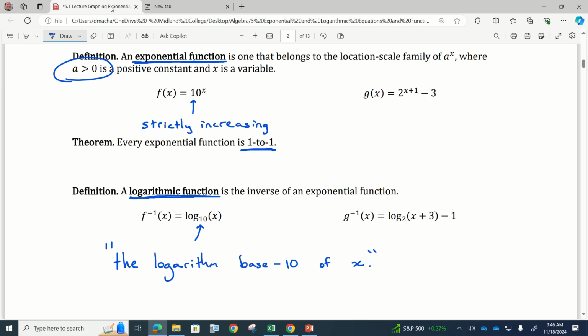And the logarithm base 10 is the inverse of the exponent base 10. So these two functions are inverse functions. The exponent base 10 is the inverse of the logarithm base 10 and vice versa. And then, because every exponential function is 1-to-1, this one has an inverse function too. See that inverse there as well.